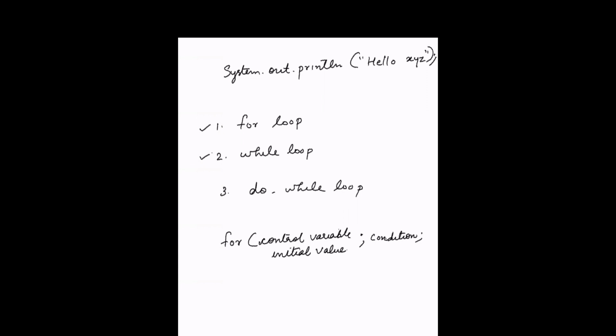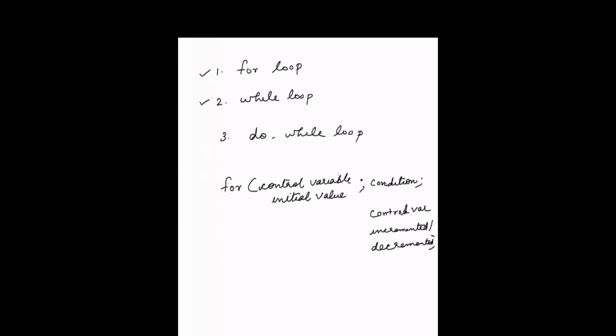Then control variable's initial value, then the test condition, and then how the control variable should be updated, incremented or decremented. So 3 things is what generally you write in a for loop.